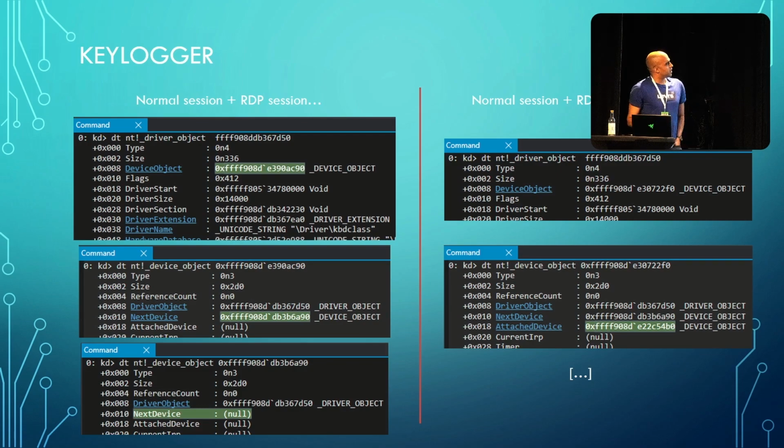And on the normal RDP session, I just want to show you, on the right side, I have the keylogger already attached, and I go until the second one, where you can see the attached device is null, but on the next one, because I already attached to it, you'll see that the attached device is actually a device that was created by my keylogger driver.